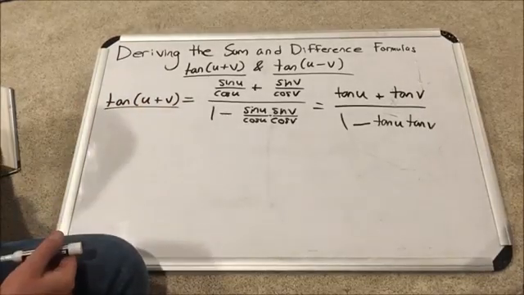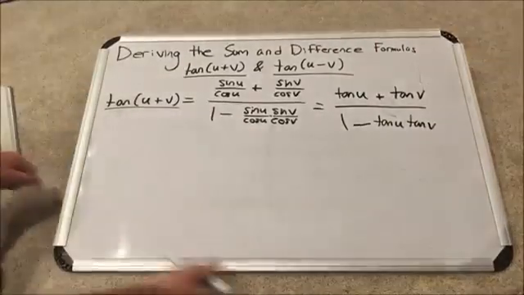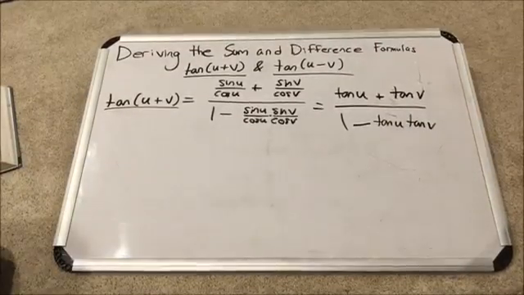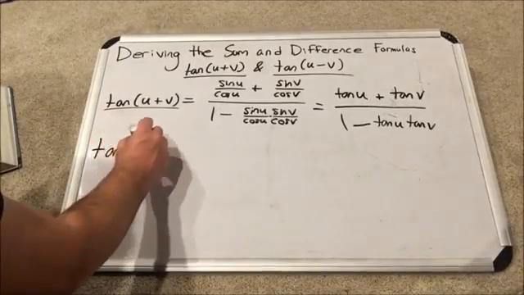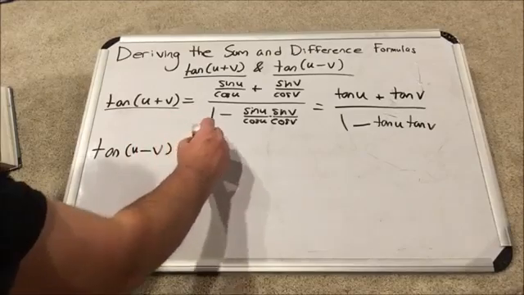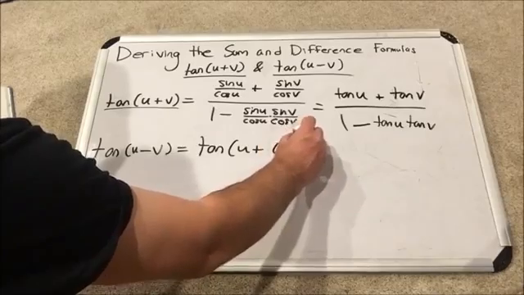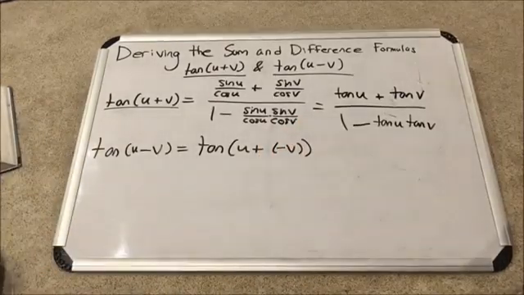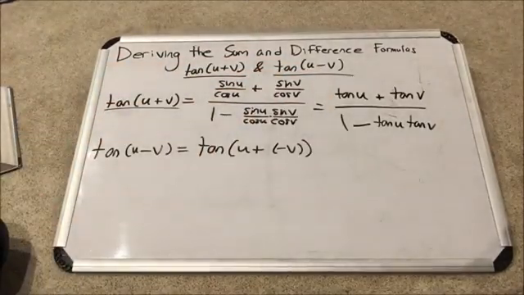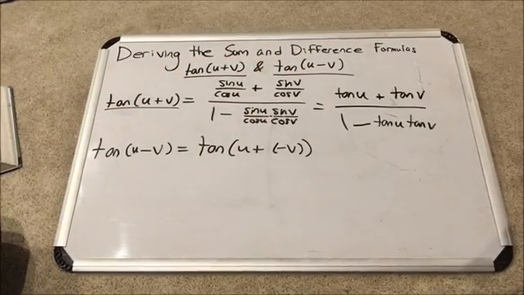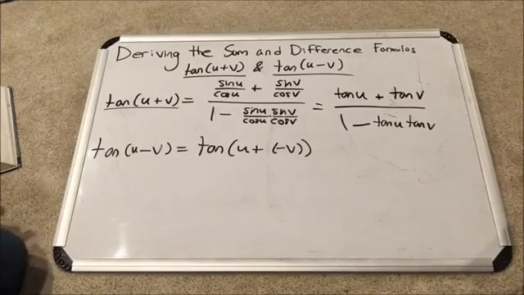Now, the trick that we're going to do to get tangent u minus v is the same trick we did for part 2 for the sine u minus v formula. We will rewrite tangent u minus v, which is what we want to derive, as tangent u plus negative v. These are equivalent, but now we have the plus, so we can reuse our result from the previous formula derivation, but we will plug in a negative v instead of a positive v wherever a v exists.